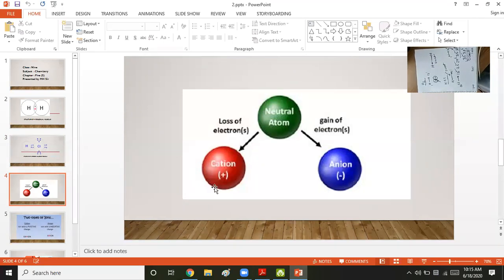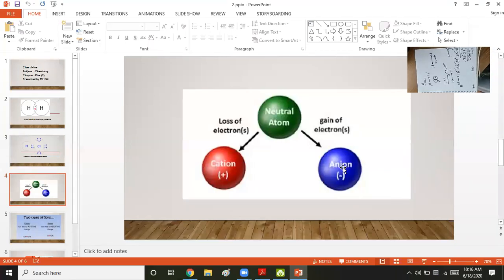So how can cation and anion form? Actually, when a neutral atom loses any electron, then a cation will form, and when any element gains electrons, then an anion will form.